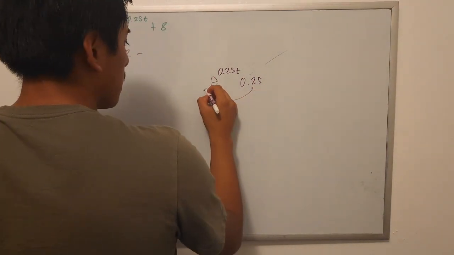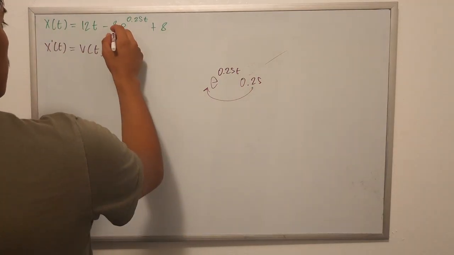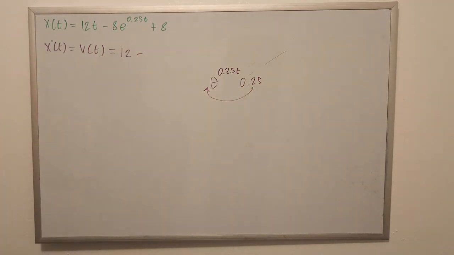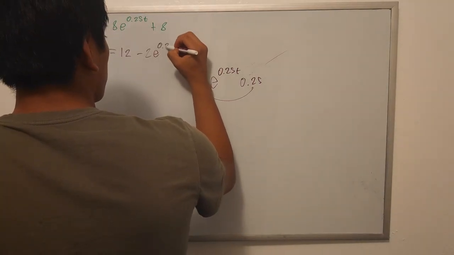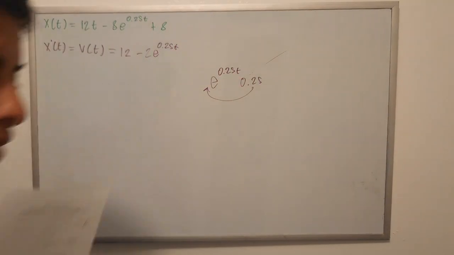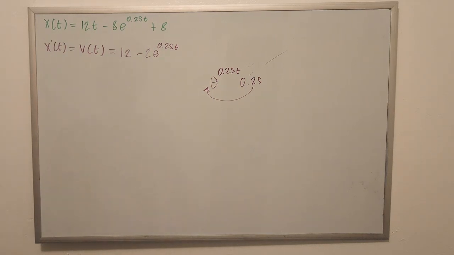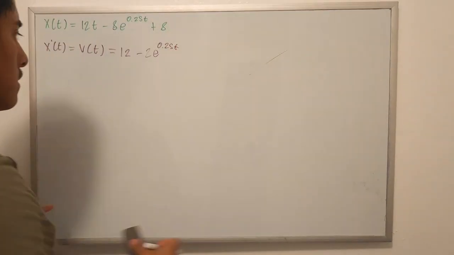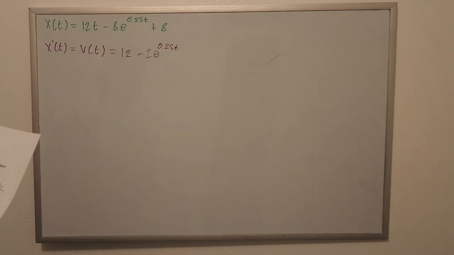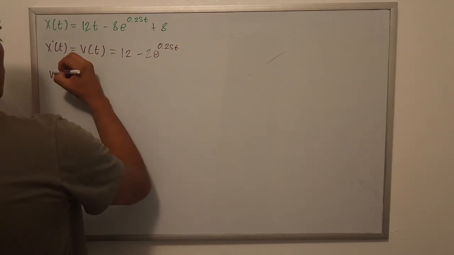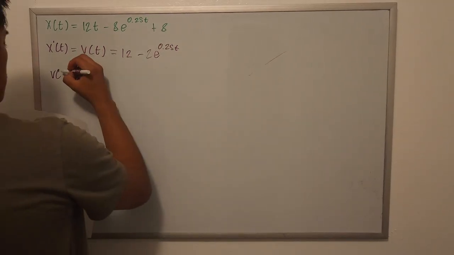If we bring that to the front, that's going to get multiplied with the 8. So then there we'll get 2e to the 0.25t. And since this 8 at the end is just a constant, that's just going to be 0. And then now since it's asking what is the instantaneous velocity at 5 seconds, we're just going to plug 5 into our new equation for velocity.